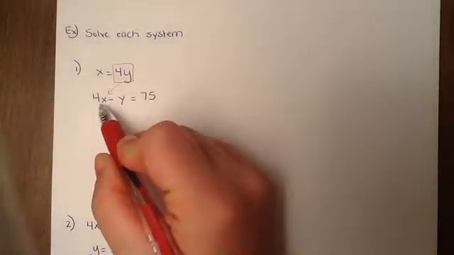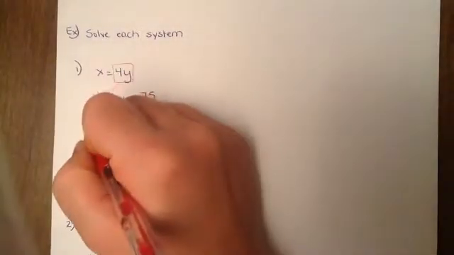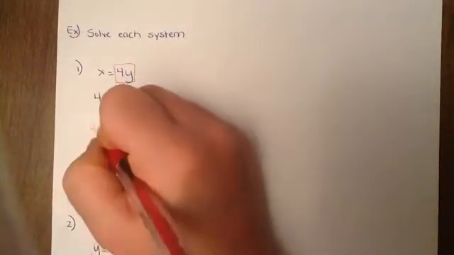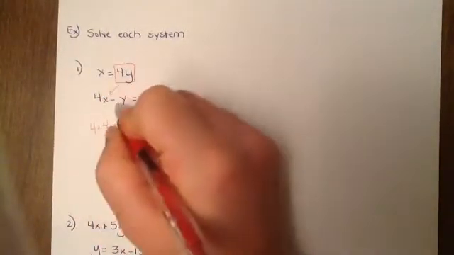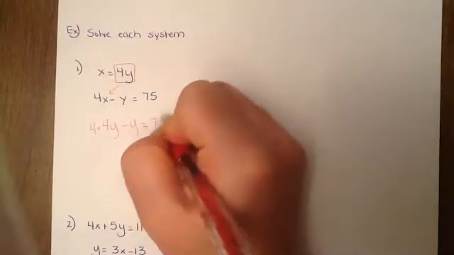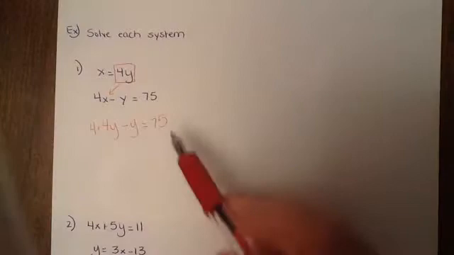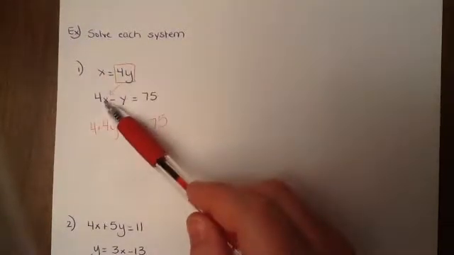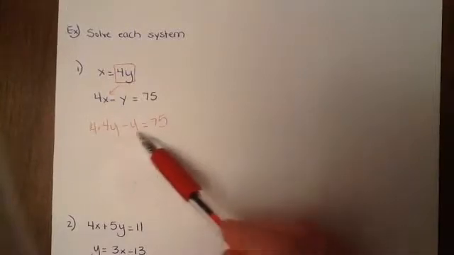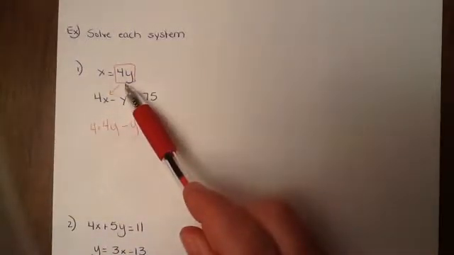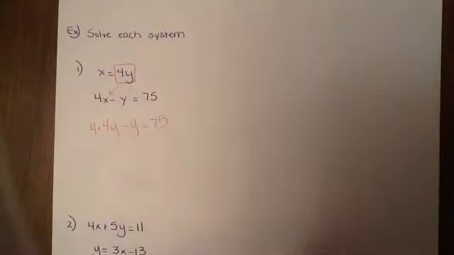So when I do this, I will have 4 times, and instead of x, I will put 4y. And I'm going to finish the equation. Minus y equals 75. So I have a variable by itself. Take that, plug it in, so that there is now no x's. So x has been replaced with 4y, which it equals.